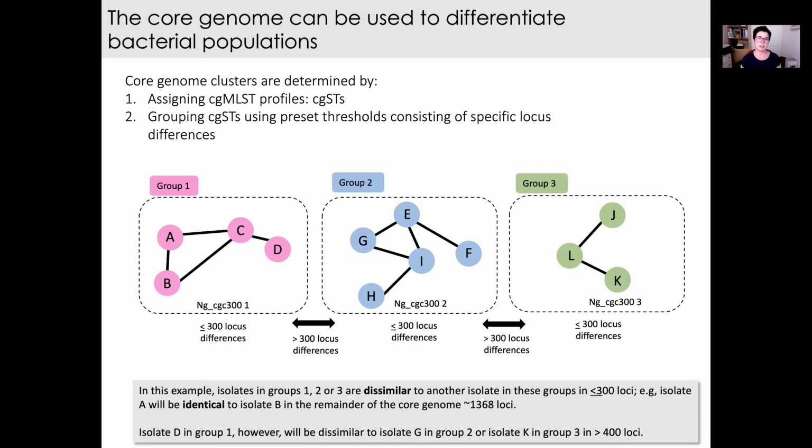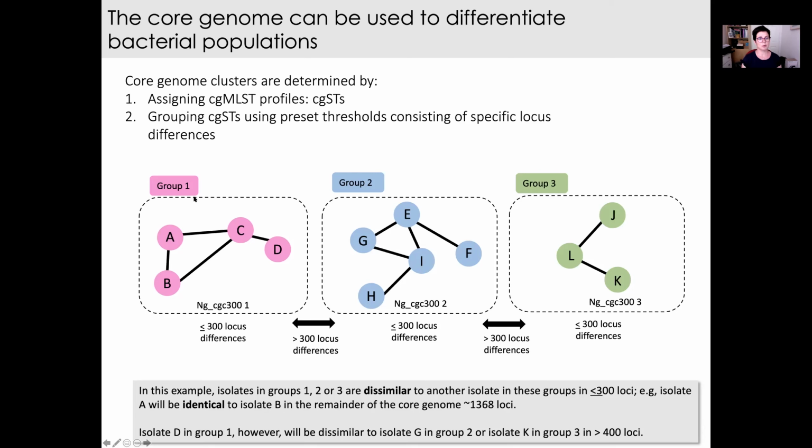So you can imagine that, of course, there are lots of loci involved in the core genome. So each isolate would have its own unique cgST really, but what we can do is then group these cgSTs using preset thresholds which consist of specific locus differences. So in this diagram here we have three core genome groups of isolates.